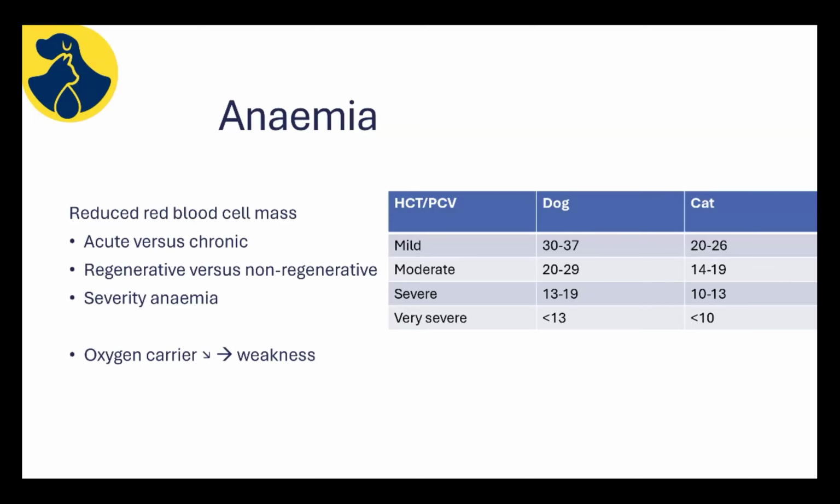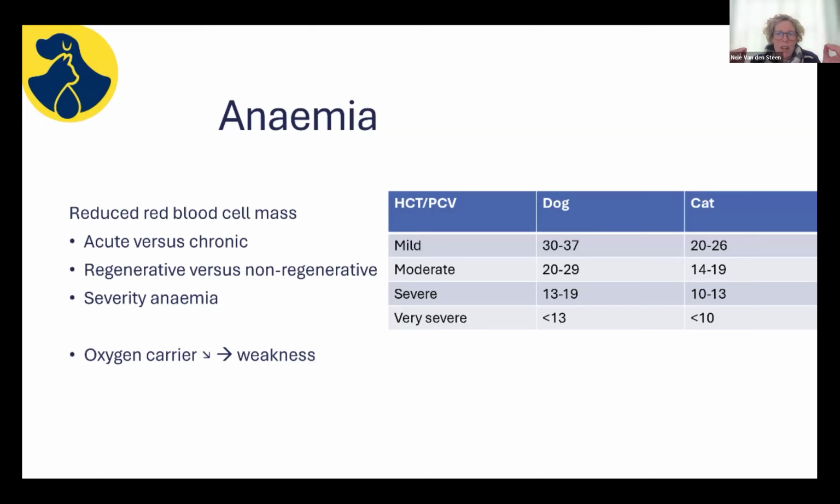A reduction in the oxygen carrying capacity of your red blood cells will lead to weakness. And if it is severe, you're going to notice that the body is not coping very well. That is the point when we start thinking, should we transfuse this dog? When people ask us, when do we transfuse a dog? Definitely with IMHA, it all depends on how the dog is coping, what we expect that hematocrit to do in the future, and whether they are already regenerating or not.